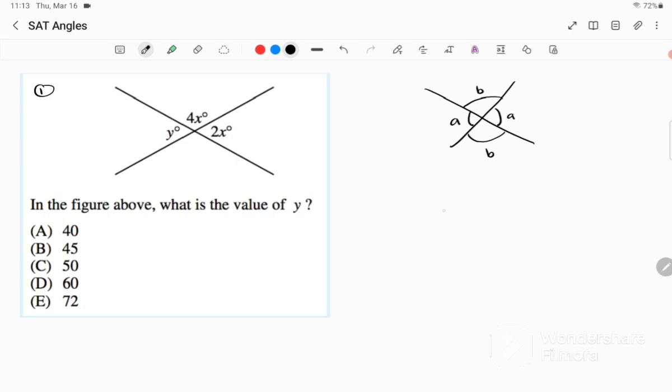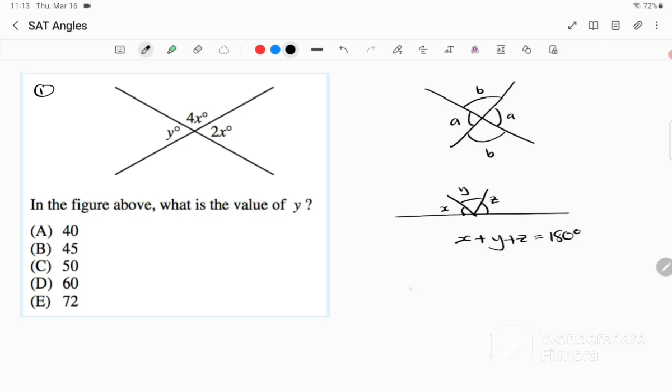Another thing to remember is that angles on a line form 180 degrees total. So if I had, say, three angles here, X, Y, and Z, then the combination of X, Y, and Z would be 180 degrees.